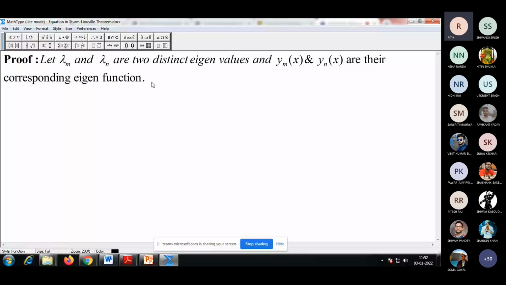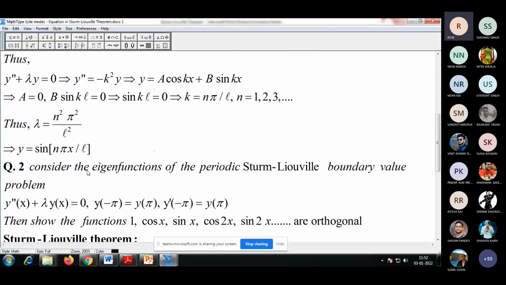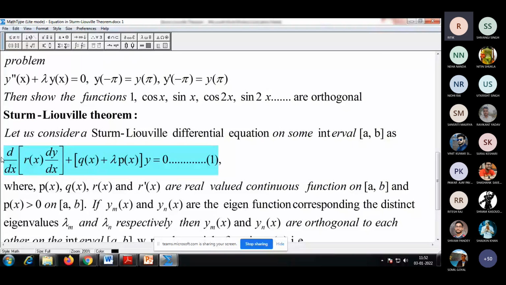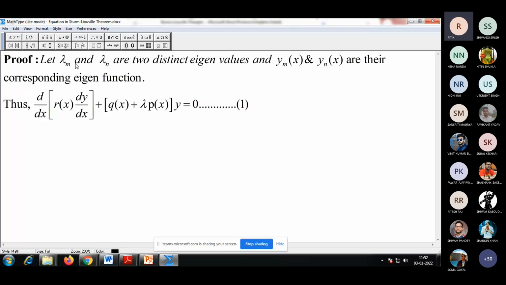Thus, what is your Sturm-Liouville differential equation? d by dx of r(x) dy by dx plus the other terms. The Sturm-Liouville differential equation is this one, corresponding to lambda m, with ym and lambda m.